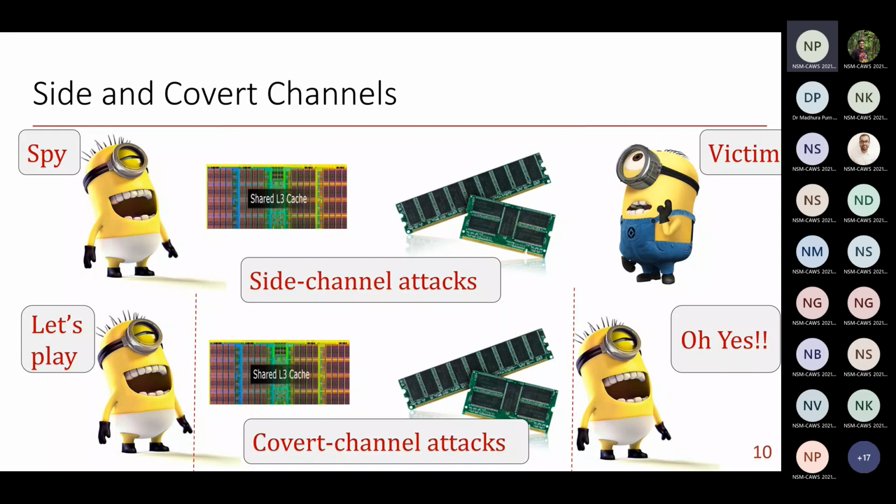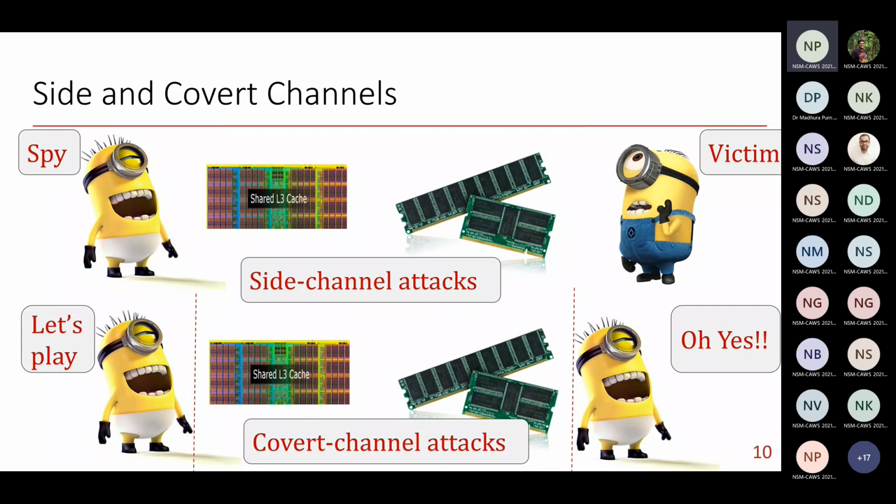So in the side channel attack, in the previous slide that I have shown, there is a victim which is running, let's say, a pretty security critical application, and the spy is not supposed to see. Even the OS is not allowing it to see, and as per the address space protection and everything is intact. But because they are sharing the cache, the spy is able to infer what exactly the victim is accessing based on the timing difference. Okay, that's why it's called side channel.